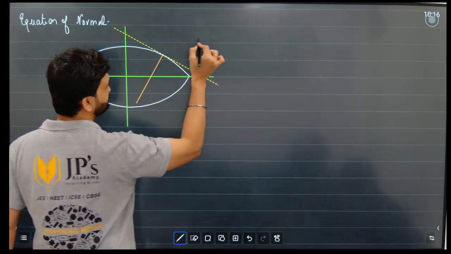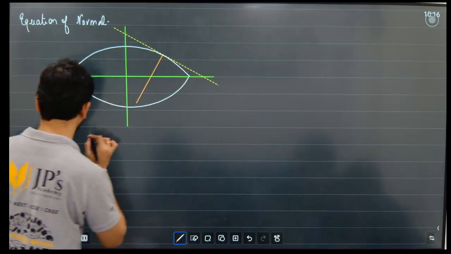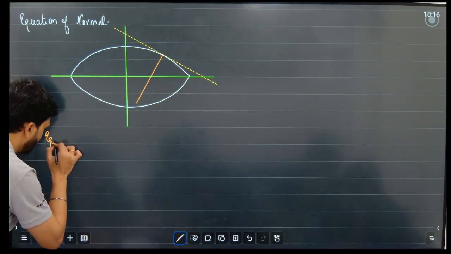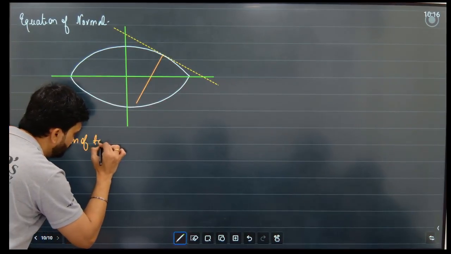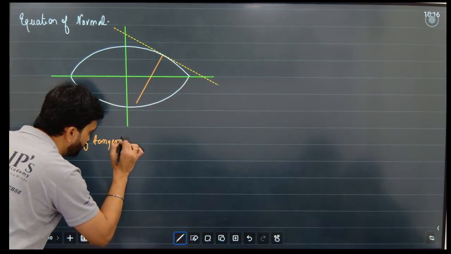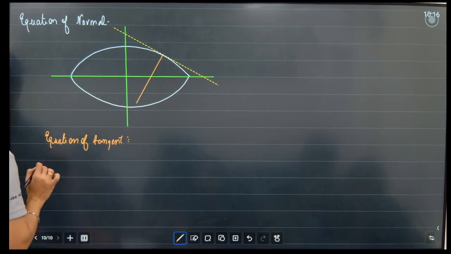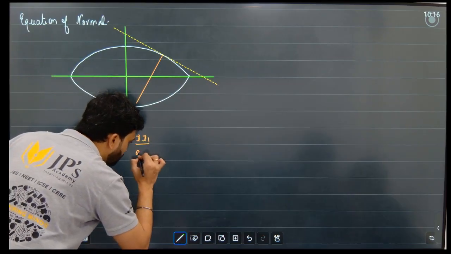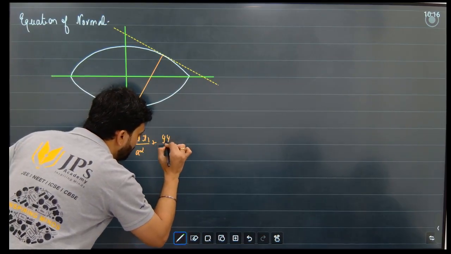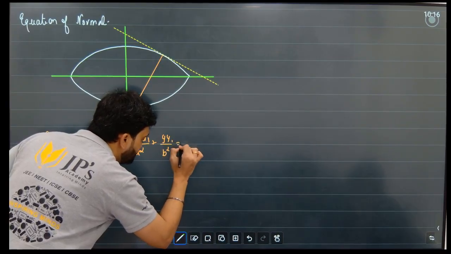Okay, now I know that your equation of tangent at a point. Okay, I know that equation of a tangent at a point will be x(x1) by a square plus y(y1) by b square equal to 1.